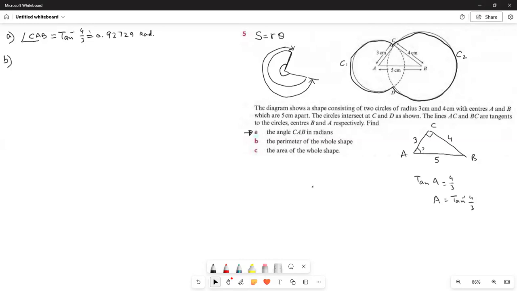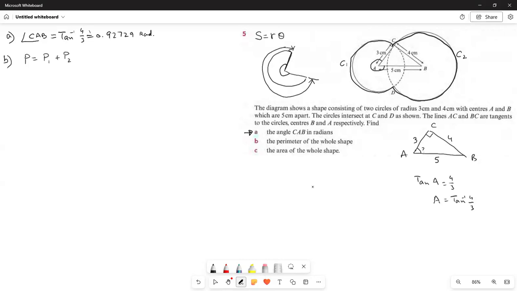The radius I know, in the case of C1 it is 3 centimeter. So I need to know this angle. If I divide this whole perimeter in two parts, let me call them P1 and P2, P1 is the perimeter on C1 and P2 is the perimeter on C2.